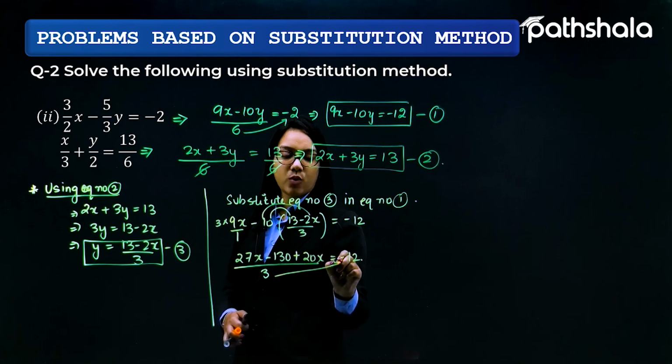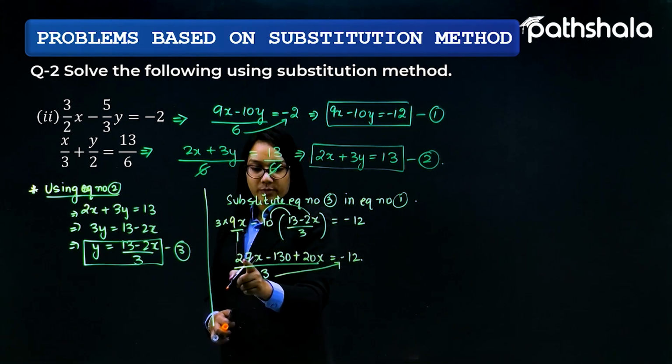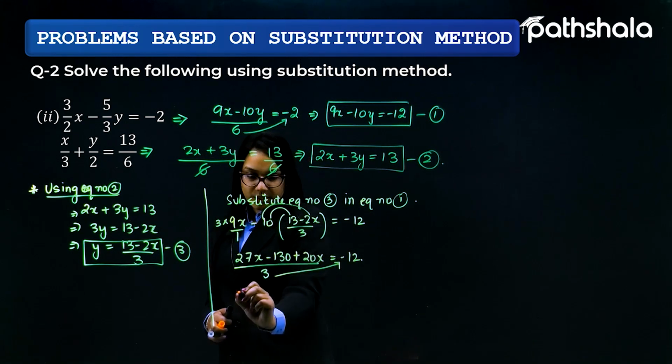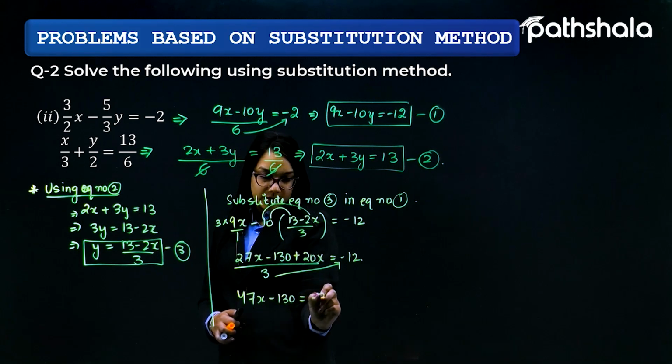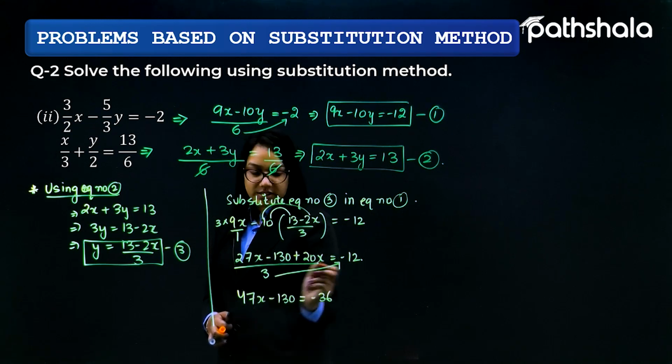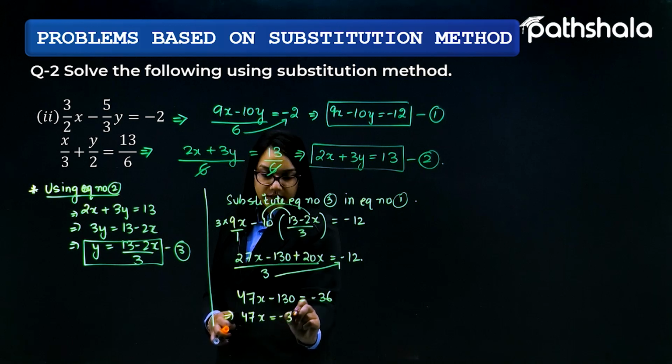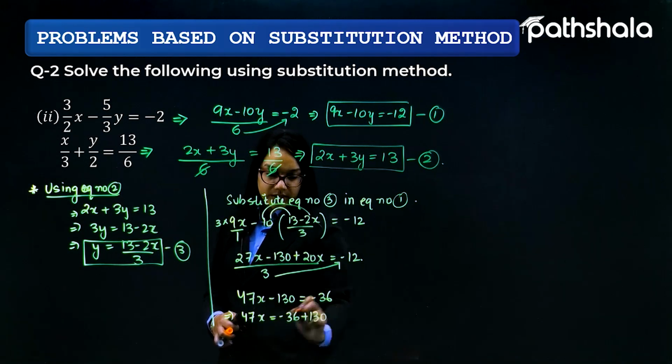Let's take 3 towards the other side. It would be of the form 27x plus 20x, which means 47x minus 130, equal to minus 36. Now let's take 130 towards the other side. So 47x is equal to minus 36 plus 130.